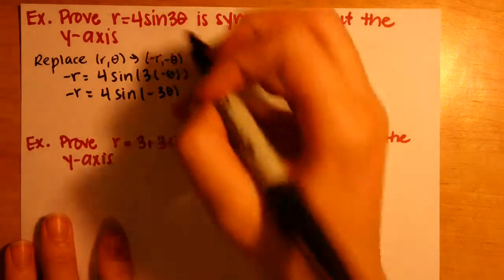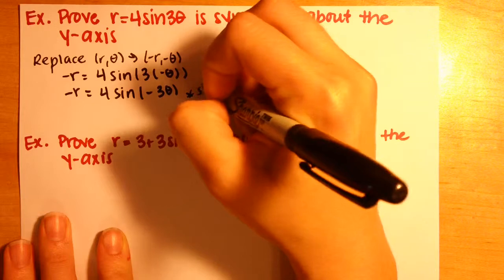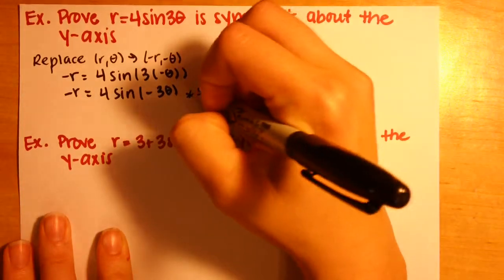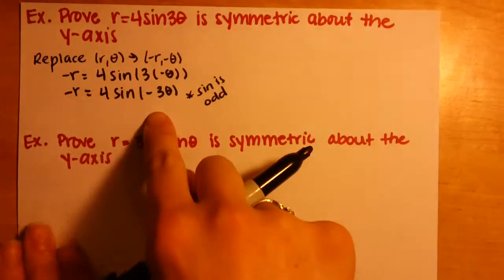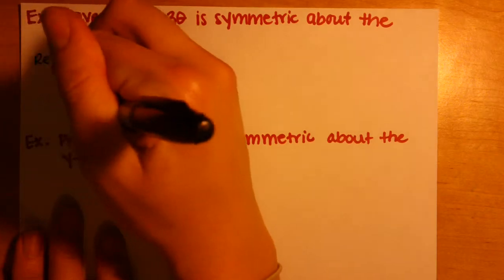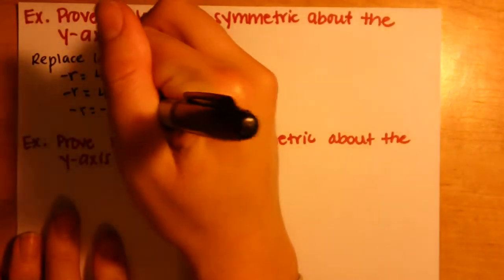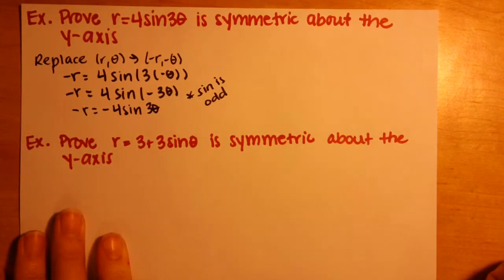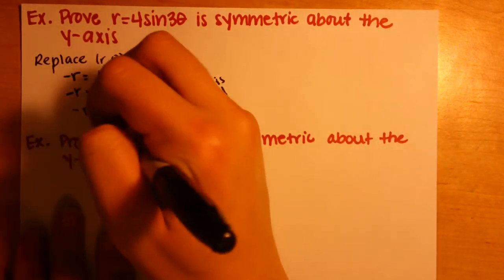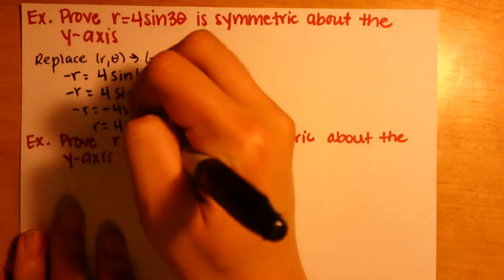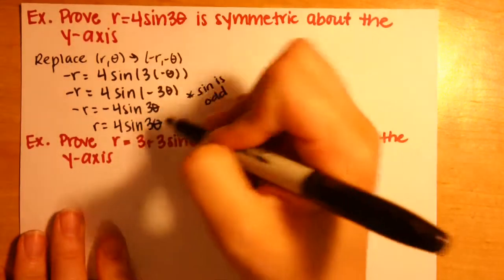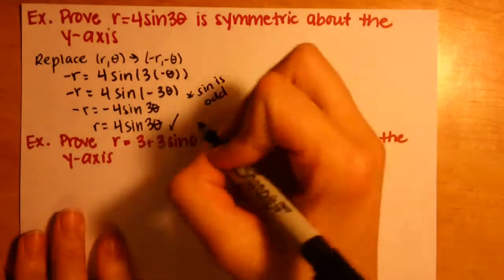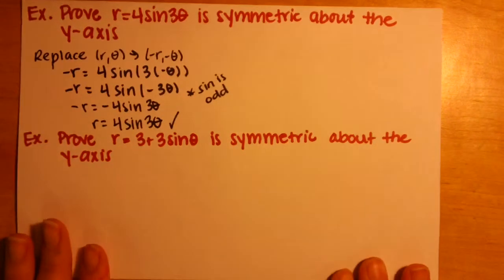And now we can remember that sine is odd. It's an odd function, so that negative can be brought out front. We can divide both sides by negative 1. We'll be left with r equals 4 sine of 3 theta, which is what we started with. So it is symmetric about the y-axis.